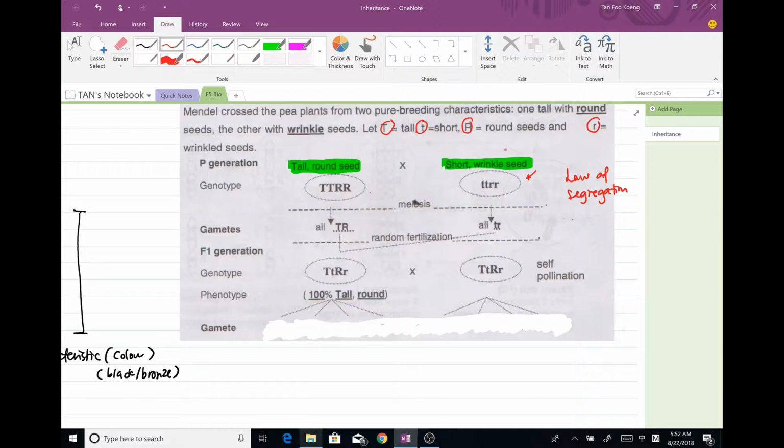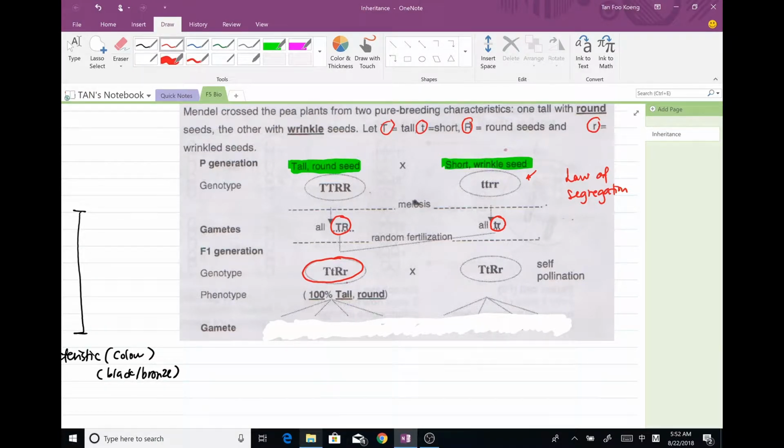In this case, the gamete produced by the tall and round seed plant will be capital T and capital R. Whereas for the short and ringed seed plant, there is only one possible gamete, which is small t and small r. During random fertilization, the F1 generation will all have this genotype, making them tall plants with round seed.